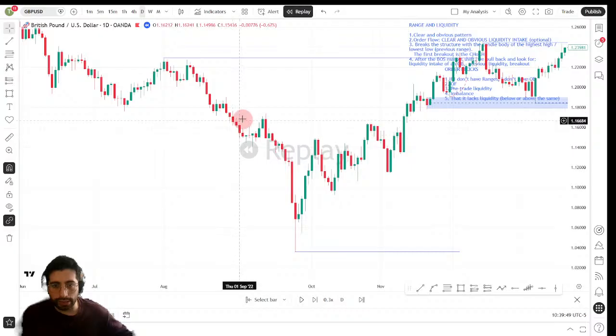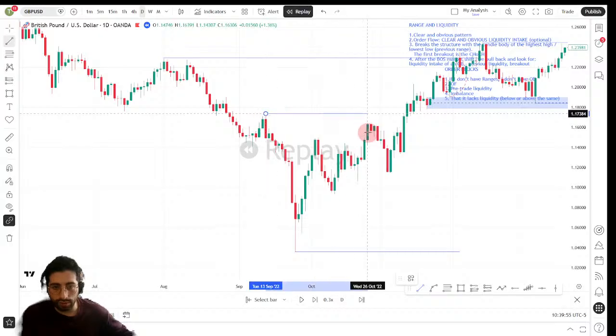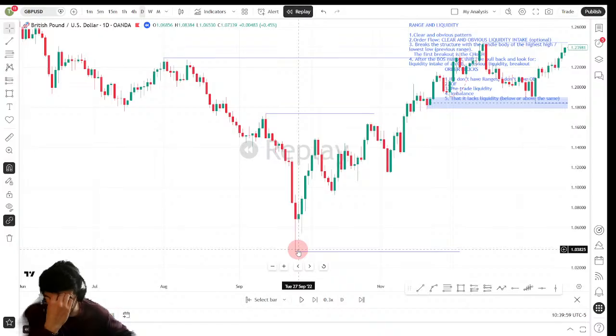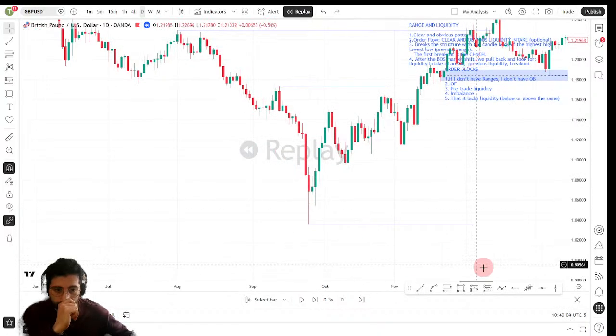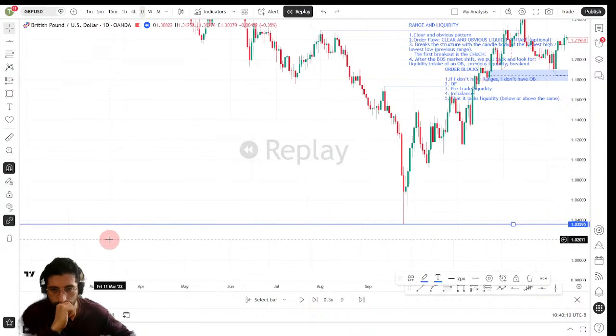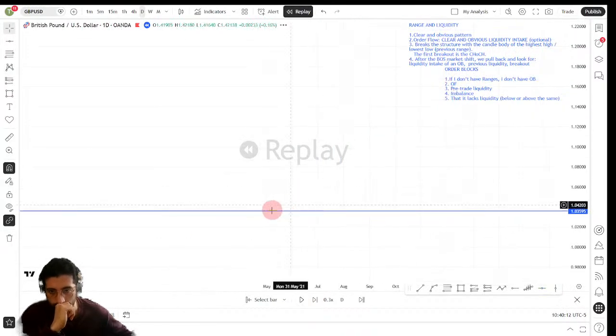Right, and here we can see a very clear pattern. This was the low. Now, let's see if this low reacted on a previous order block. I think this is the lowest, the historical low.